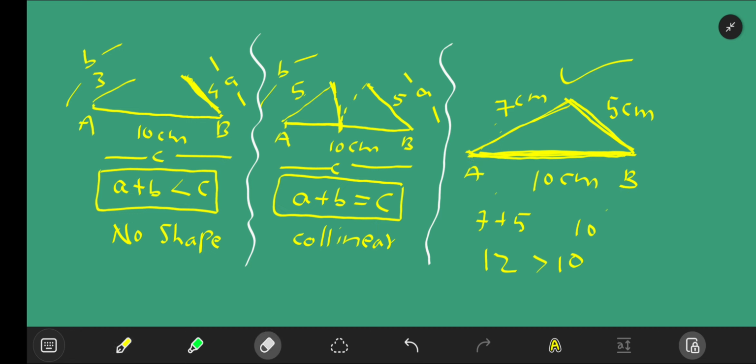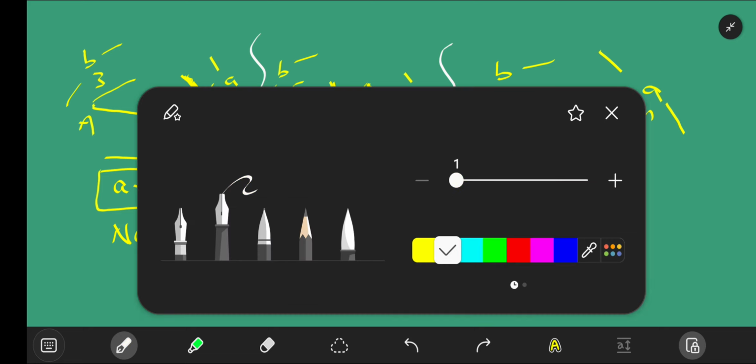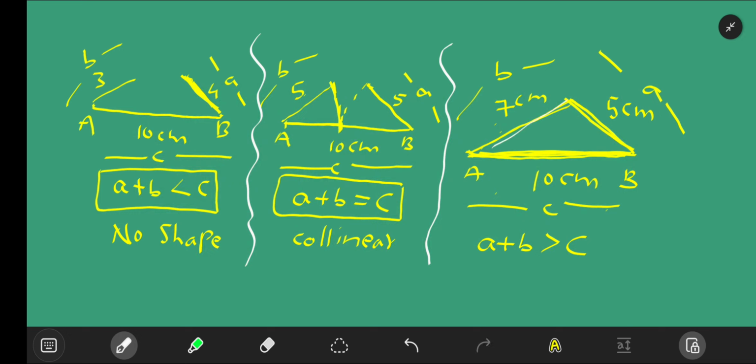Just wait. Here, suppose this length I consider as A, and this length I consider as B. So A plus B is greater than C. This is 12, this is 10, so 12 is greater than C. In this condition, there is a chance of meeting of these two lines so that the closed figure is forming.